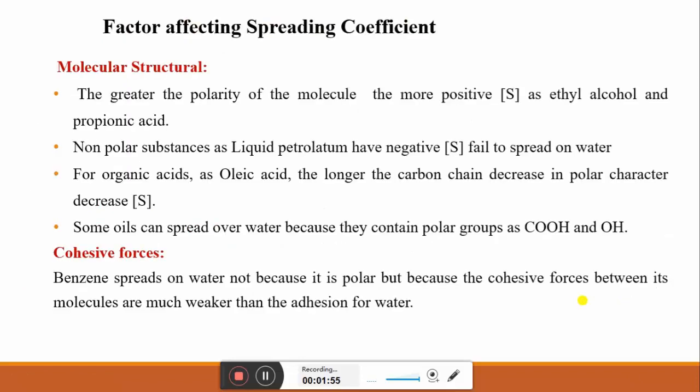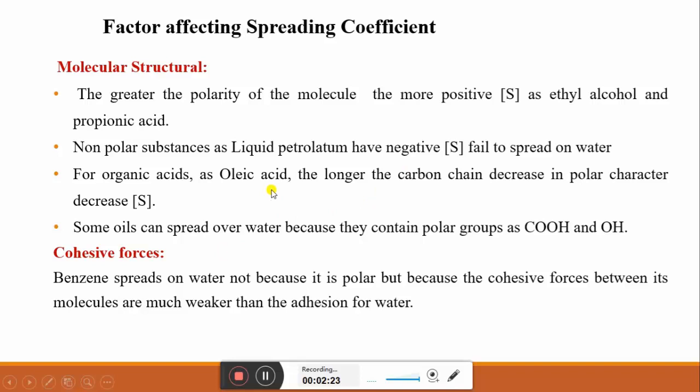Now, what are the factors that affect the spreading coefficient? So, the first one is the molecular structure. In that, first, the greater the polarity of the molecule, the more positive the spreading coefficient. For example, ethyl alcohol or propionic acid. If substances are non-polar in nature, for example, liquid petrolatum, it has a negative spreading coefficient, so it fails to spread over the water.